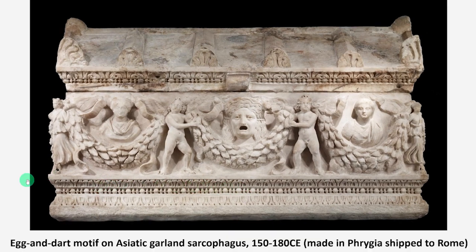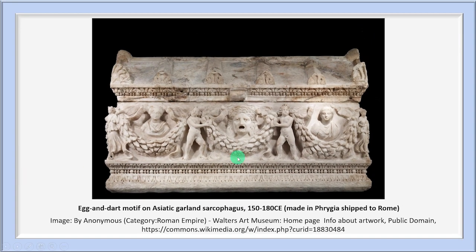This is basically carved in marble. And these elements, these garlands, they have a name, that is festoon. And this was made in Phrygia and shipped to Rome. Now Phrygia is now in Turkey, where we had an ancient workshop where all these sarcophagus were made and then shipped to Rome.